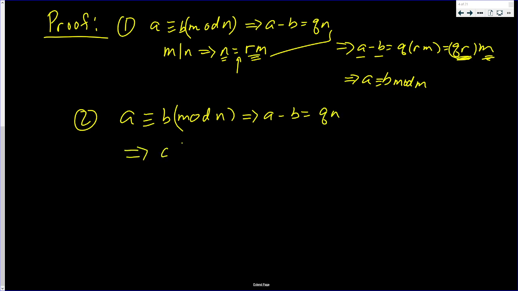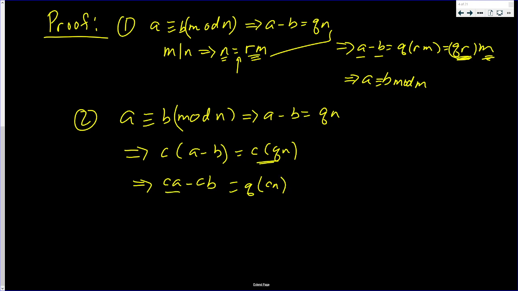Well, that implies C times the left side is C times the right side. But that's CA minus CB, and rearranging this a little bit, that's Q times Cn. This minus that is an integer multiple of this. That means CA is congruent to CB mod Cn. Not sure when you would want to do that, but you're allowed to.